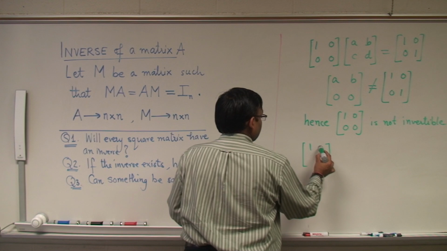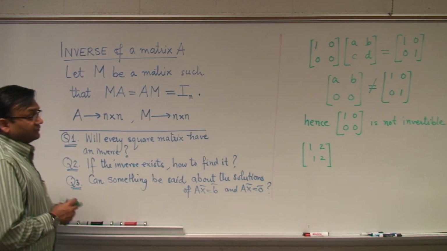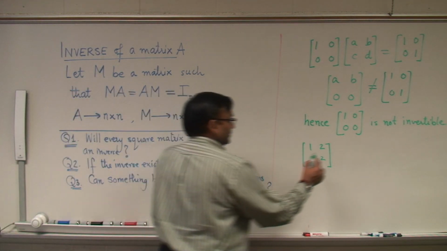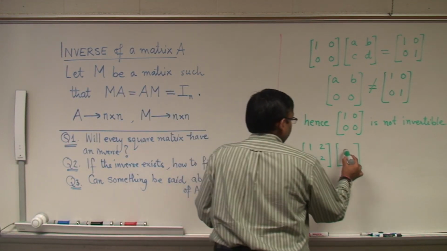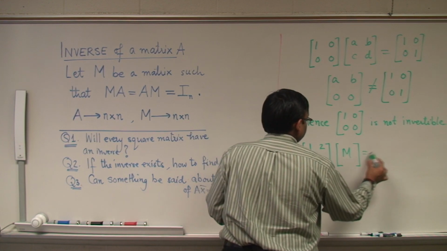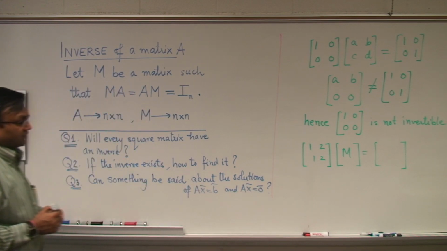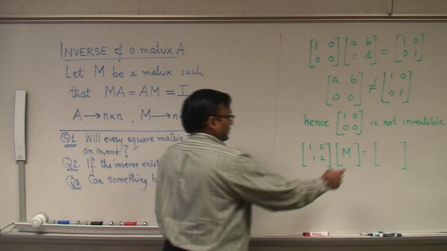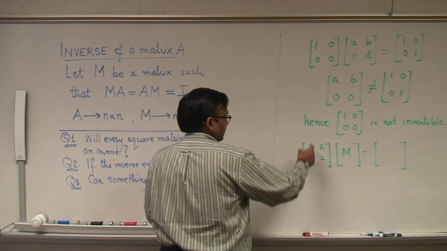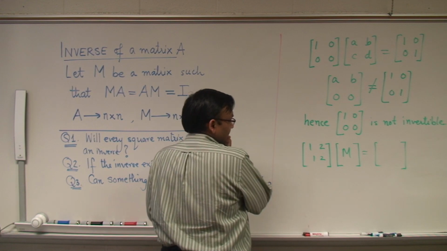Let's try that. How about 1, 2, 1, 2? Can this matrix have an inverse? Well, if it did, then would you agree, if I multiplied by any matrix M over here, if you remember your matrix multiplication, the multiple ways by which we did the job, the matrix out here would be basically a linear combination of the columns of this matrix.